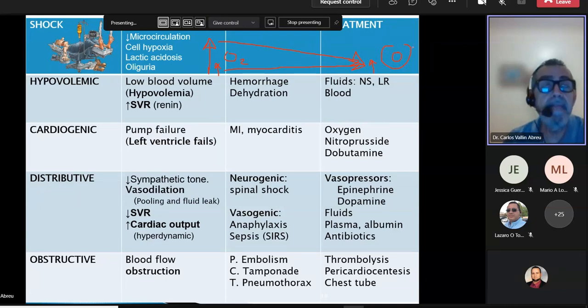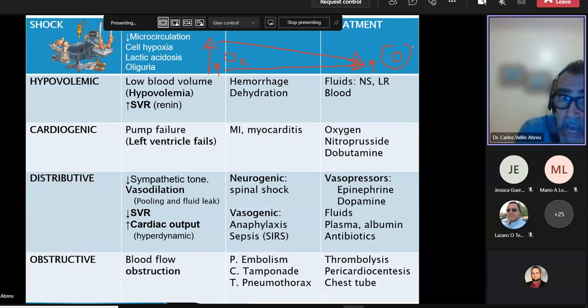This cell that is lacking oxygen because the blood is not arriving is going to try to survive, shifting its metabolism from aerobic, in presence of oxygen, to anaerobic, in absence of oxygen.